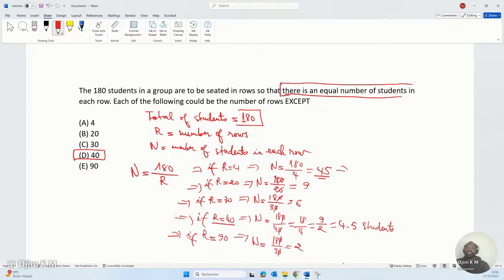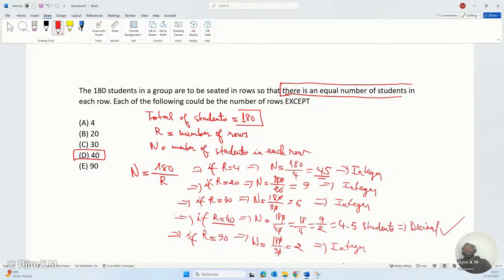So this is an integer, this is an integer, this will be an integer as well, this is a decimal, this is an integer.